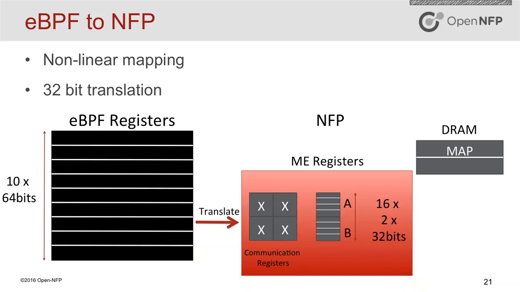So when we perform the translation of eBPF to NFP machine code, we must allocate each 64-bit register into two 32-bit parts in the A and B banks, and we also can perform some allocation of data which we know will be used in a specific way to the communication registers. The communication registers can be thought of as explicitly controlled cache on the host systems.